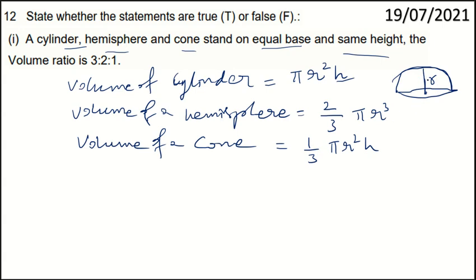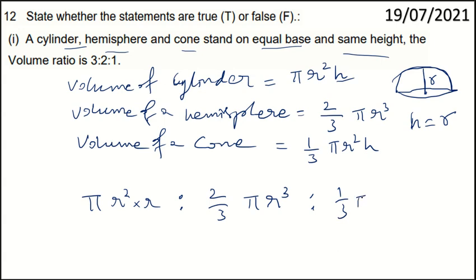Radius itself is the height of the hemisphere. Now, if the hemisphere's height is the same as the height of the cylinder, then definitely this h also becomes equal to r. So, when h is equal to r, the volume of cylinder is pi r square into r is to 2/3 pi r cube is to 1/3 pi r square into r.